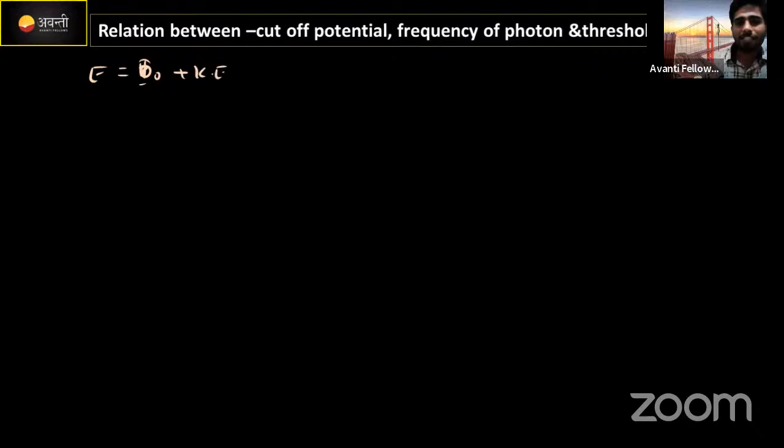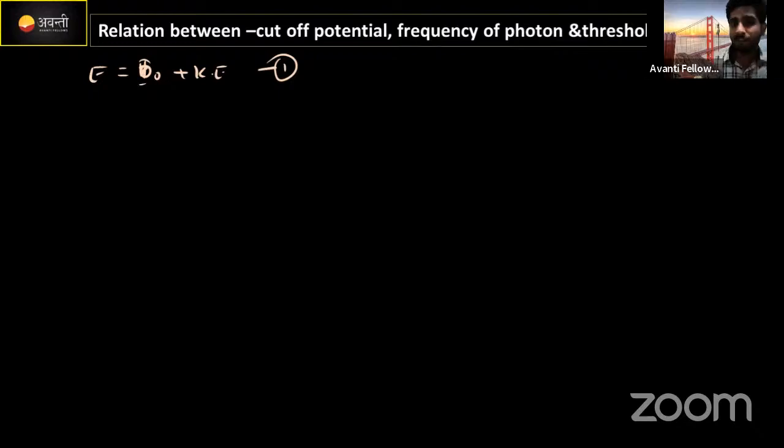I'm going to elaborate these equations. While elaborating each step, new different equations will arise. The E value we can write as h nu. The work function is also energy, so it becomes h nu naught, plus kinetic energy, which is half m v square.